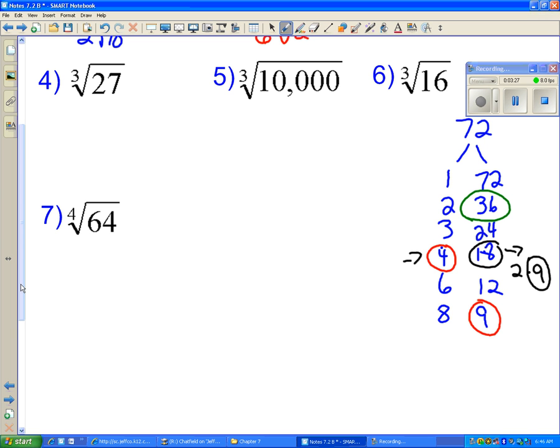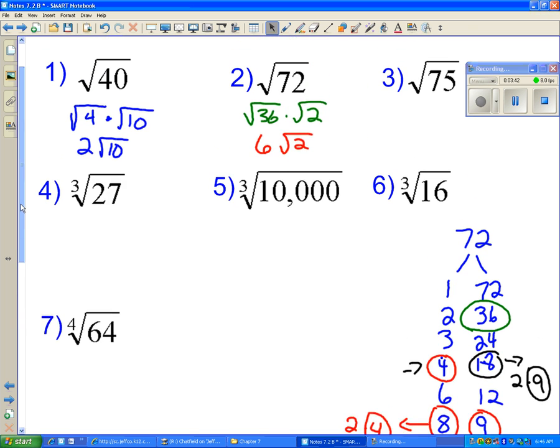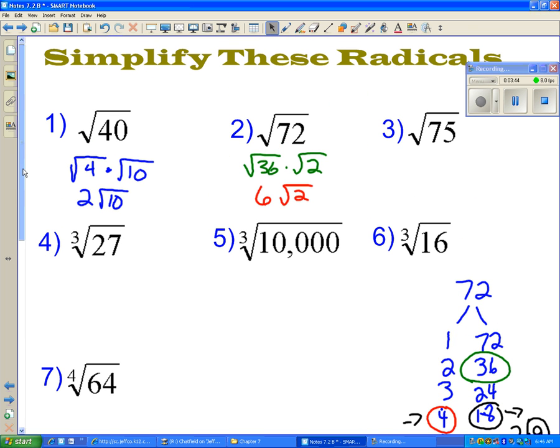Or if I realized 9 was my perfect square, I needed to then see that the 8 was 2 times 4, and there's my other perfect square. I can reduce this several different ways. Regardless, it should simplify to 6 square root 2. And that's how I get my final answer.